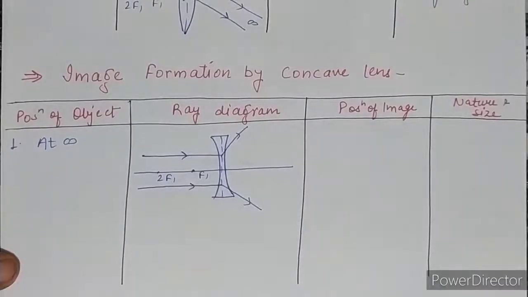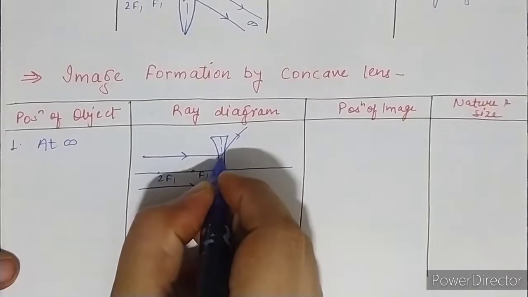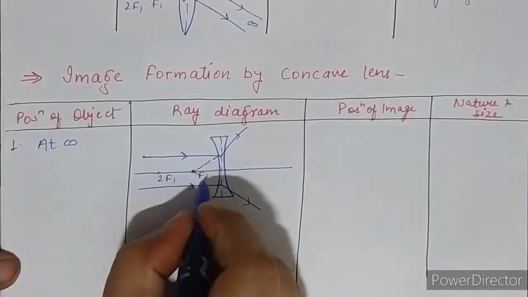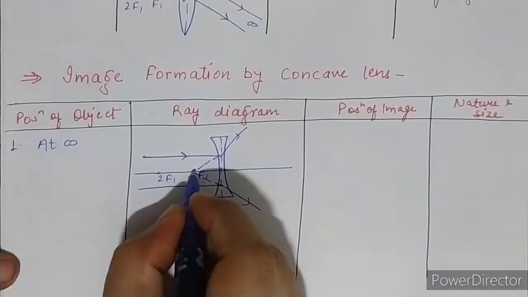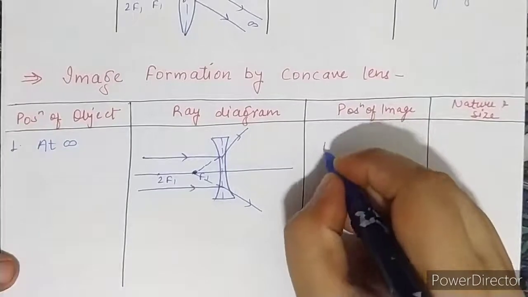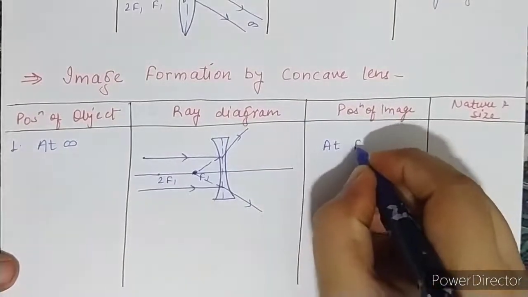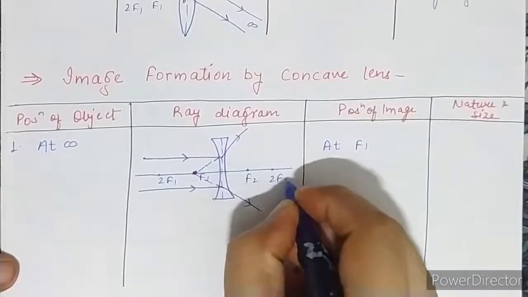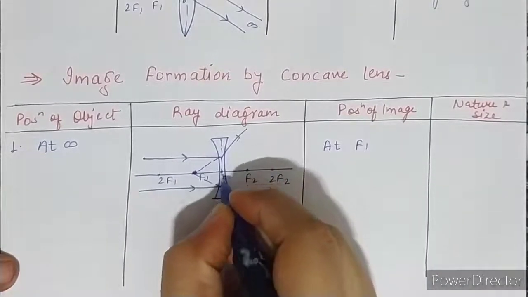So we extend them on the backward side, and here the image is formed. This is f1, this is f2, here is 2f2, this one is your optical center.